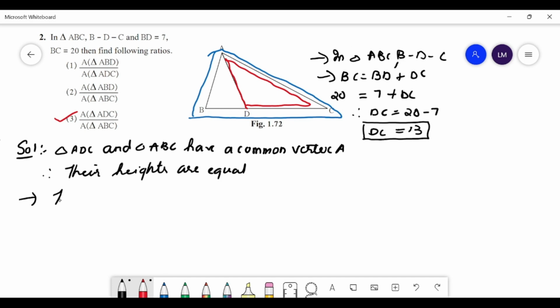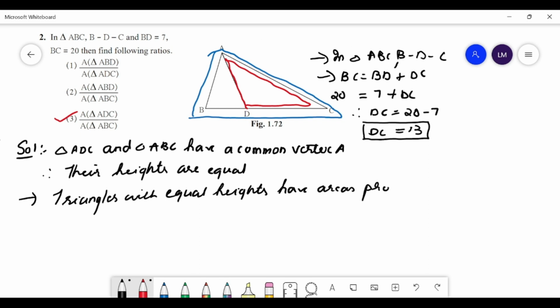Now, triangles with equal heights have areas proportional to their corresponding bases, right?